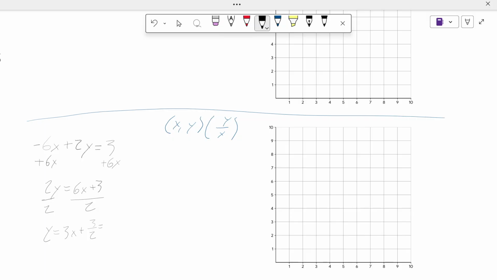Now 3 halves is the same thing as 1.5. So what we're going to do then, because we have 1.5, or it's similar to 1.5, I'll do that. 1.5 is the exact same thing, but I'll do it in fraction form.